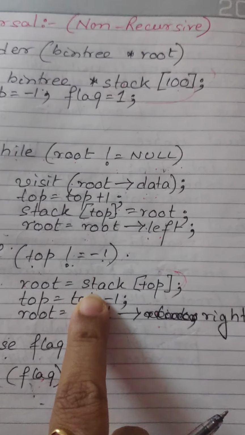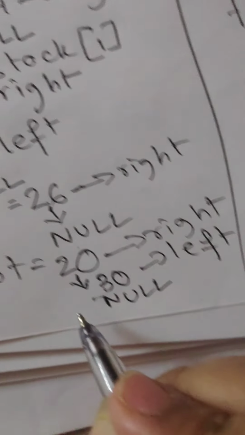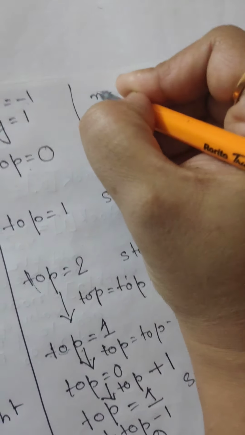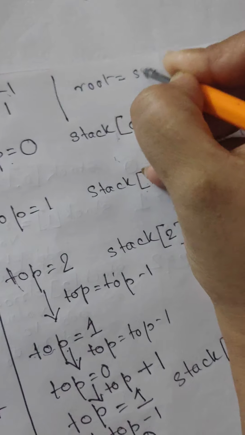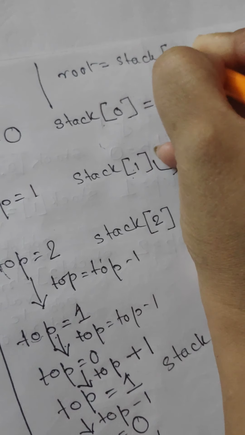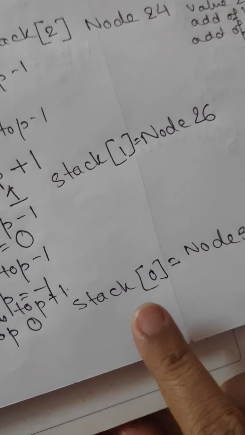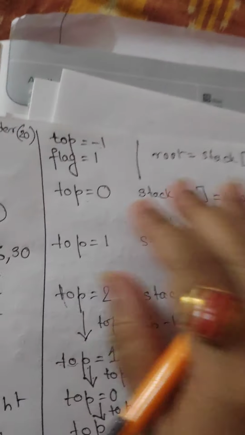You will enter root is equal to stack top, so root becomes 30 again. Let me write it down over here: root is equal to stack top. Now what is the value of top at this moment? Top value is 0, and what is there in the stack top?